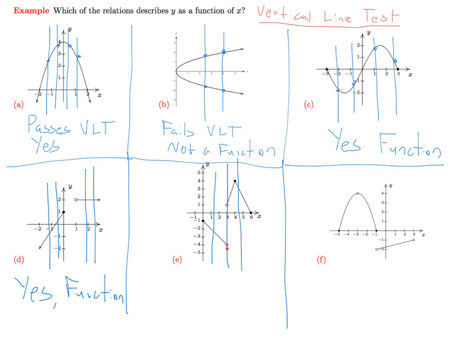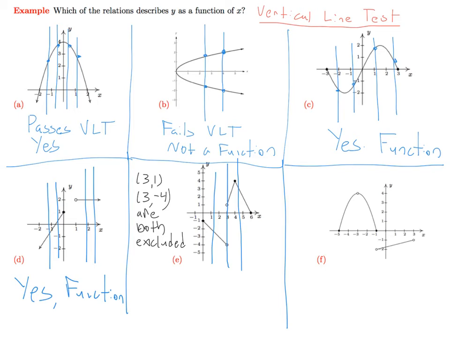And the point (3, -4) is also excluded from this relation. So these 2 points are both excluded. So in fact, the input 3, x equals 3, is not matched with anything.